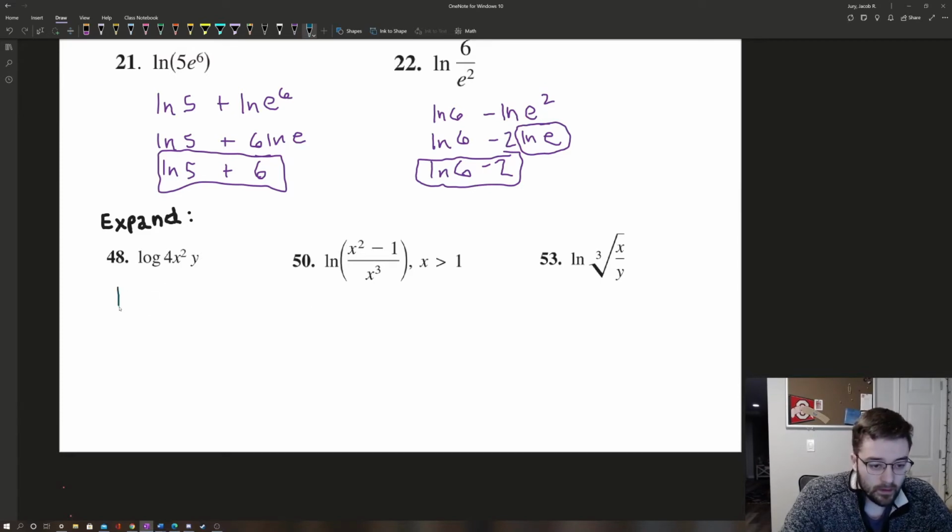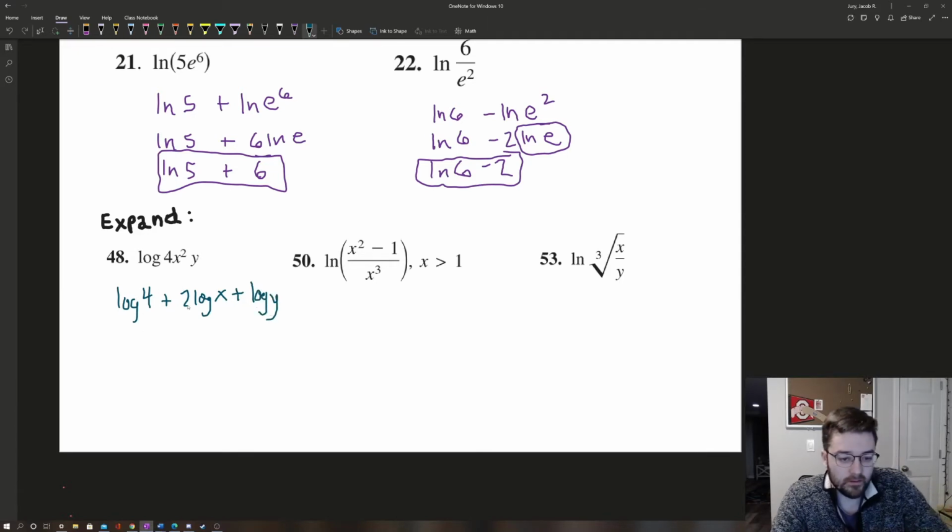So our logarithm, and we can do everything in one step if we feel more comfortable, will be log with argument 4 plus 2 log x plus log y. And I kept everything with the same logarithm and just used that multiplication property that turns it into the sum of logarithms.